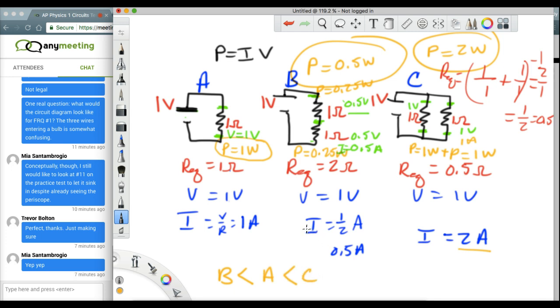Conceptually, if you want to think about it, A and C are really going to be the same thing. This bulb is going to have the same brightness as this bulb because they're both attached to a 1 volt source, and they're the same resistance, so they must have the same power output. But in this circuit, I have two of those with the same power output. Think about the vanity lights we did in class.